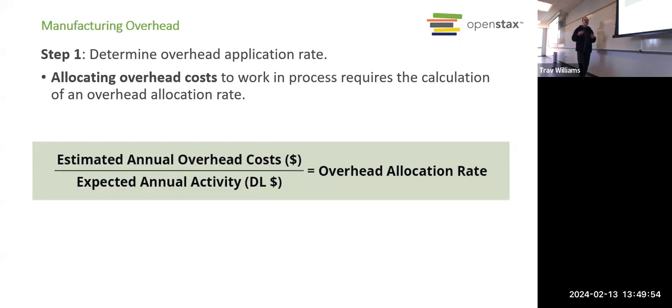On the other hand, if they tend to use a lot of machines in their production, they might find they can more accurately estimate overhead by how many machine hours were used for a particular product. So whatever approach a company is going to use, it uses that approach for all manufacturing overhead.